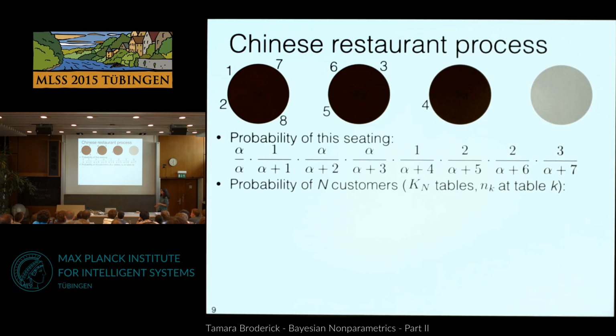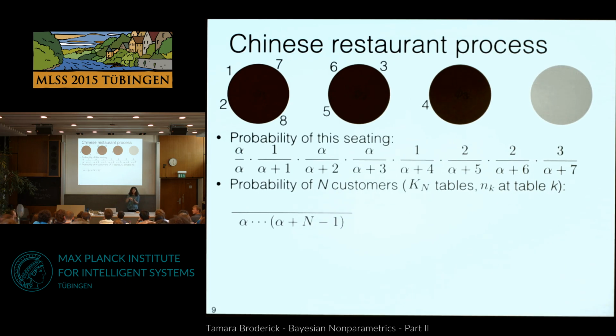So basically, let me not write it in gamma notation just to be super clear what's going on. The proposal is we're going to start with alpha, and we're going to take the product up to alpha plus the total number of people in the restaurant minus 1. Why is that? Because each person who walks in, the first person, there's only the potential for a new table.